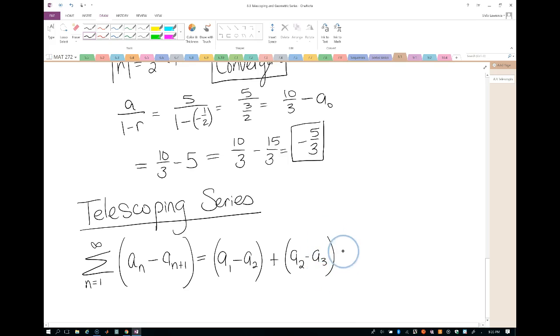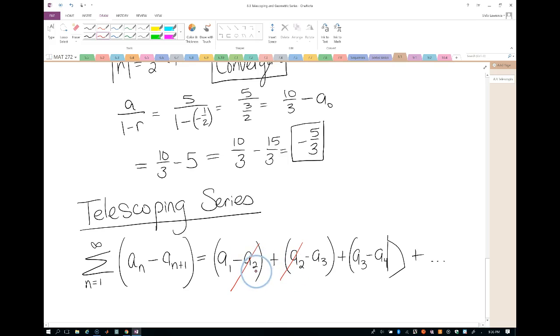If I plug in n equals 3, I get a sub 3 minus a sub 4. And this just keeps going forever. So notice that the second term from each piece is going to end up canceling off with the first term of the next one.